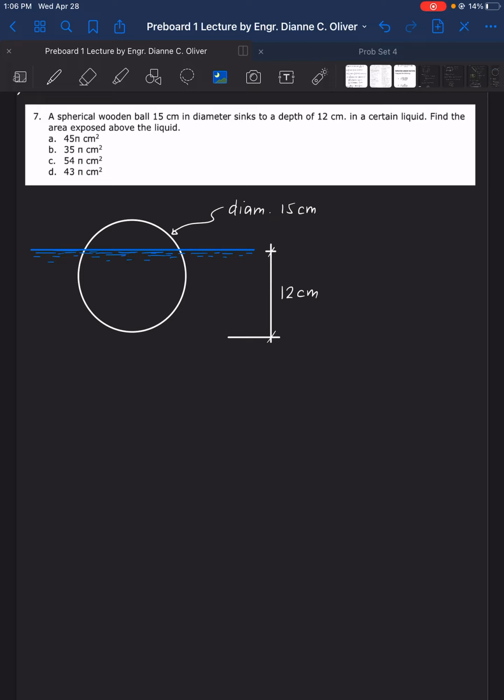Okay, so we have there the spherical wooden ball, 15 centimeters in diameter, then it sinks to a depth of 12 centimeters. Therefore, the exposed height is now equal to 3 centimeters.